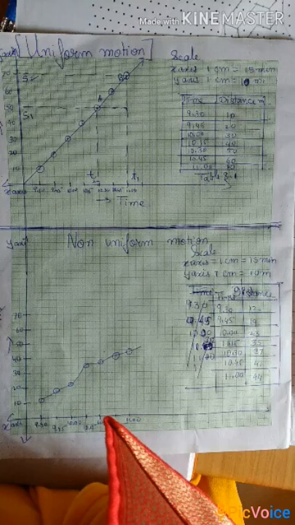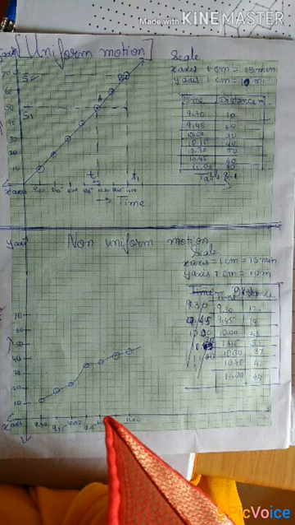You may have studied in the previous classes what graphs are. You have learned what line graphs are, what bar graphs are, and different types of graphs. As I said to you, the uniform motion and non-uniform motion can be represented with the help of a graph.